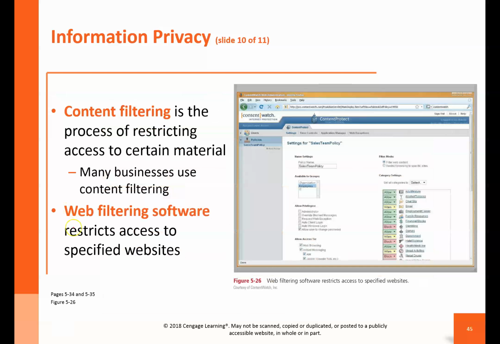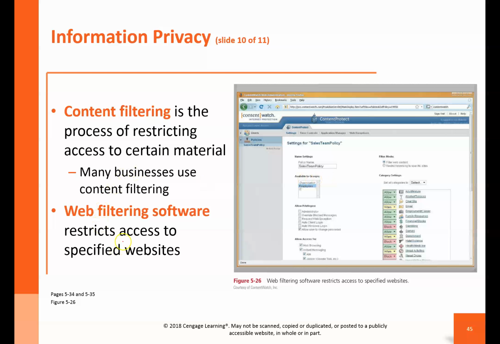Now, content filtering is one way that we can safeguard our information privacy, and it's normally used for kids browsing websites. The idea of content filtering is we select which kinds of things we don't want from the browser, so when it accidentally hits us, it will not affect us.